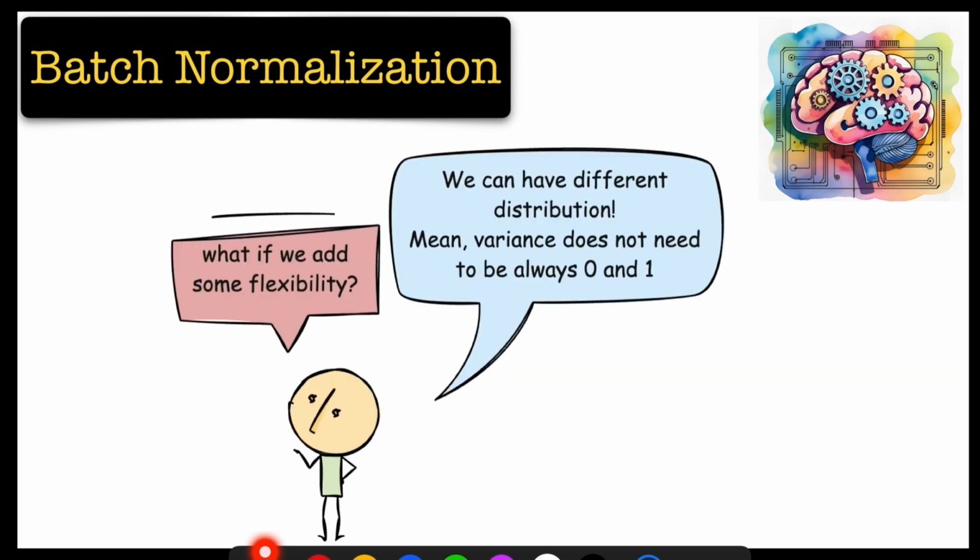How do we add that? What if we add some flexibility, so we can have a different distribution, and the mean and variance don't need to be always 0 and 1? Then in that case we have to introduce some parameters, right? So the model will learn itself what should be the mean and what should be the variance or standard deviation.